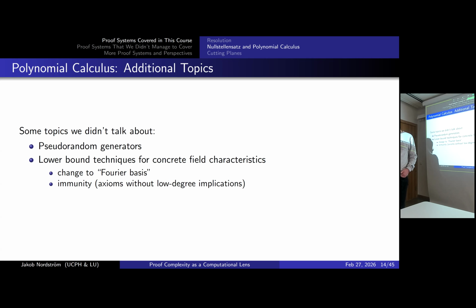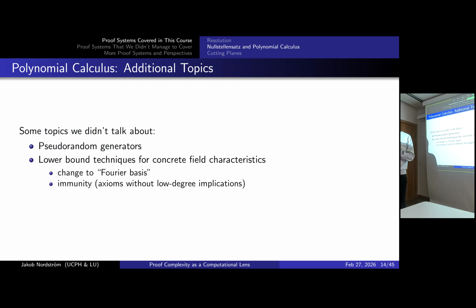We did not talk about pseudo-random generators, where I think for polynomial calculus, that's right where it gets really, really hard. And there are some really, really good problems for pseudo-random generators in polynomial calculus. When we did our lower bounds, we actually only looked at techniques that work independently of which field we're in.